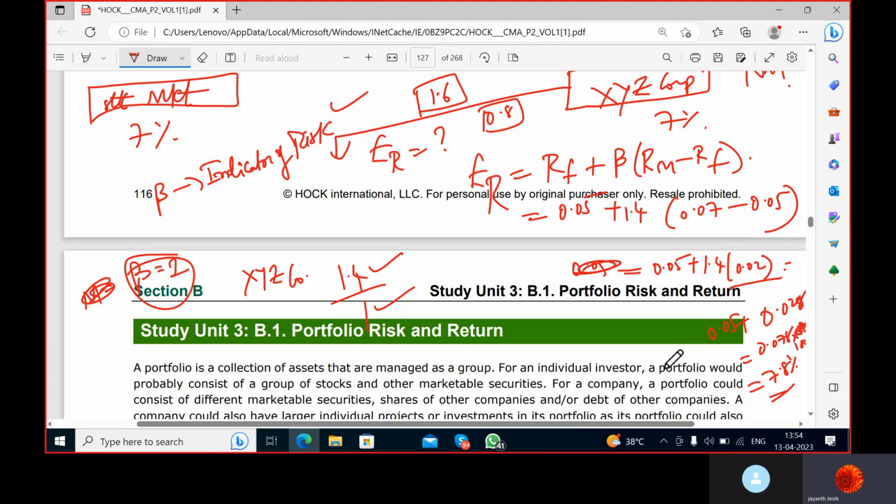Yeah, one time you take 0.8, one time you take 1.6. 1.6 plus 1.4. Okay. One is 6, I believe. 6. 0.